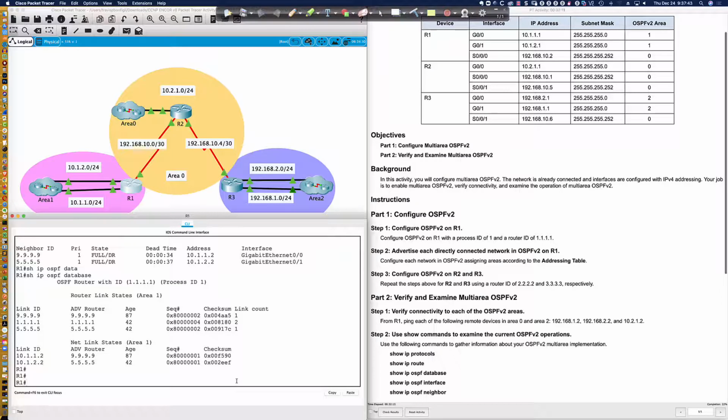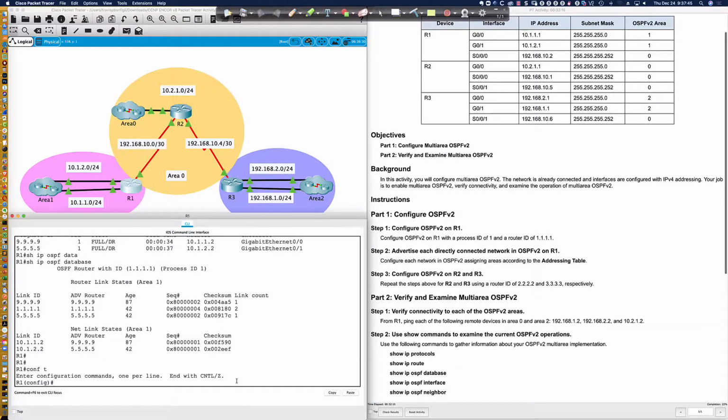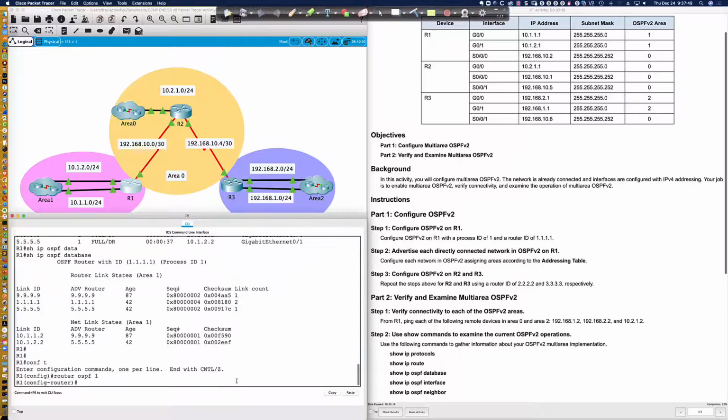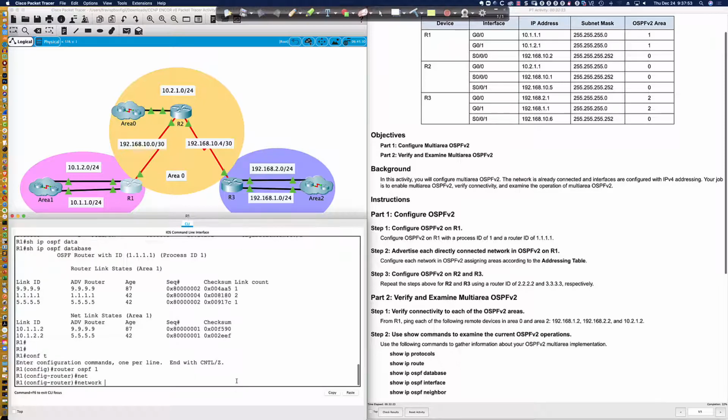Now, the last interface on router 1, let's get into global config. Let's go into router OSPF 1. And what we're going to say here is network, and this is going to be the network between router 1 and router 2. So we're going to say network 192.168.10.0.